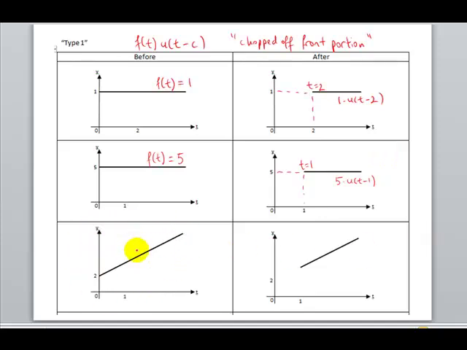Now, we need to know the original signal function, but it's a linear function. So how do we know what it is? Since it's linear, it's y equals mx plus c, but instead of x we use t for time. We need to find the gradient m and the y-intercept c.